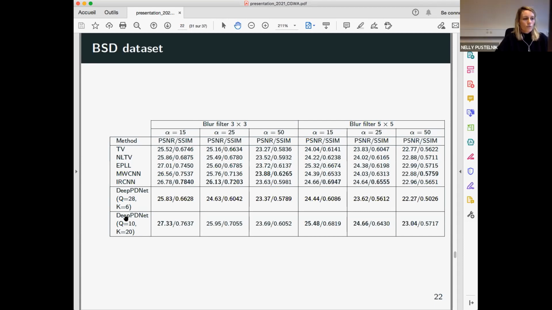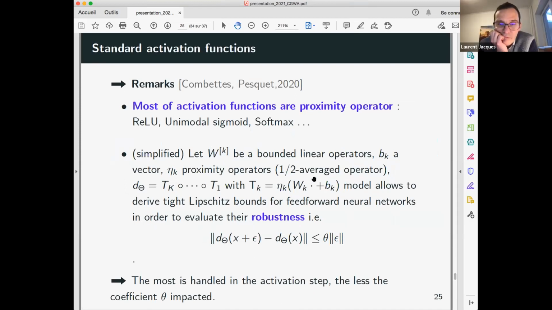Okay, I think the answer is related to one of my last slides. From my point of view, this is an important result, because it says that if you are able to design your network like that, where eta k is associated with the proximal operator, which is a 1/2 averaged operator, then you have some nice properties of the network, and the choice of the W_k will impact the robustness.